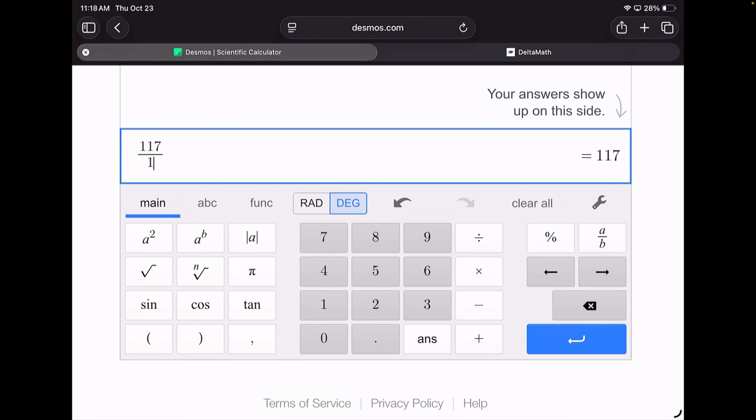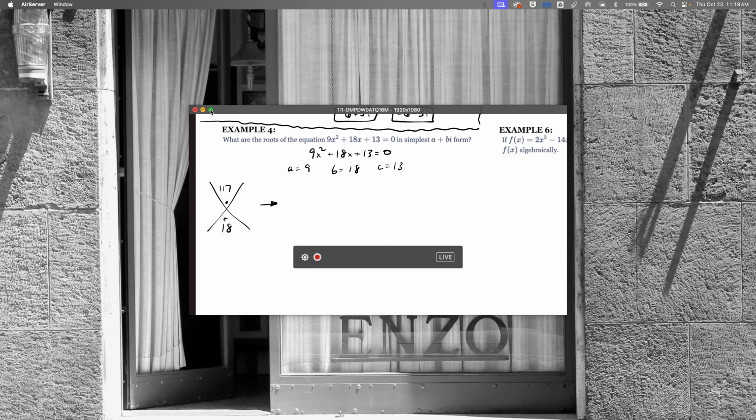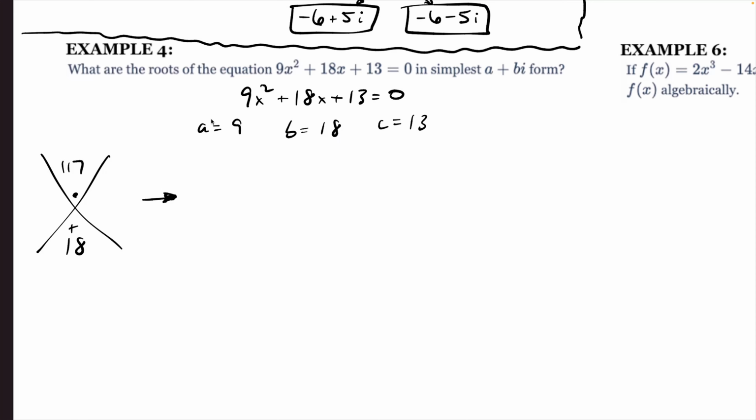Even though I'm trying a lot, it's going fast, right? So I think these are the only ones that work: 117, 3 and 39, 9 and 13. So will any of those work for my problem? No.